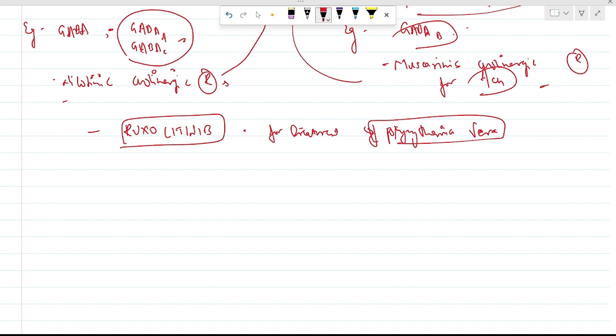Polycythemia vera, as we know, is an increased number of RBCs beyond the normal level, reaching nearly 7.5 to 8 million RBCs per cubic millimeter. This is a Janus kinase blocker.